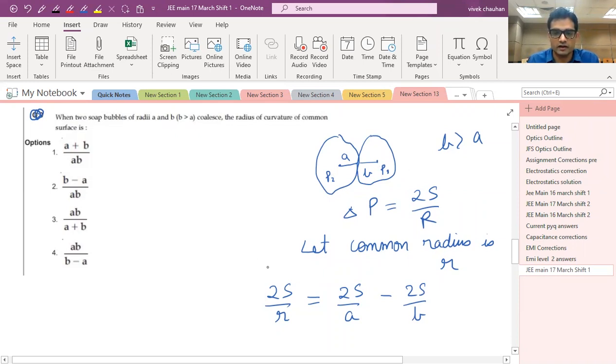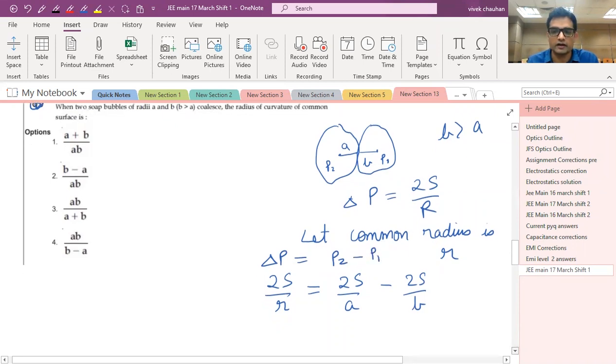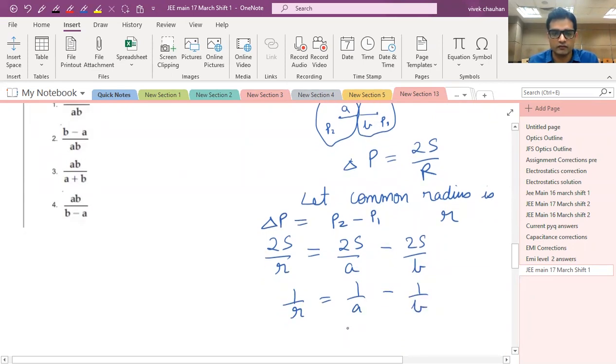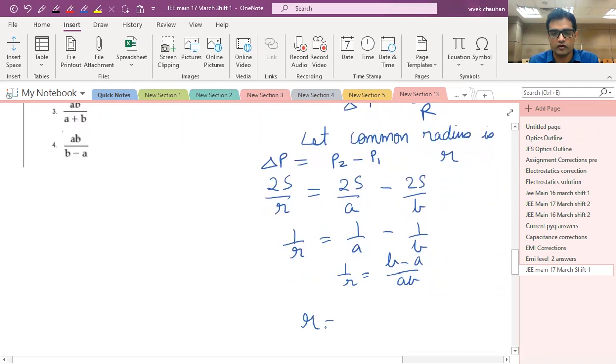Total net excess pressure delta P is equal to P2 minus P1, and also we know that excess pressure is equal to 2S by R. So it will come out to be 1 by r is equal to 1 by A minus 1 by B. So basically we are getting 1 by r is equal to (B minus A) by AB. So finally our result will be r is equal to AB upon B minus A. So option 4 will be correct.